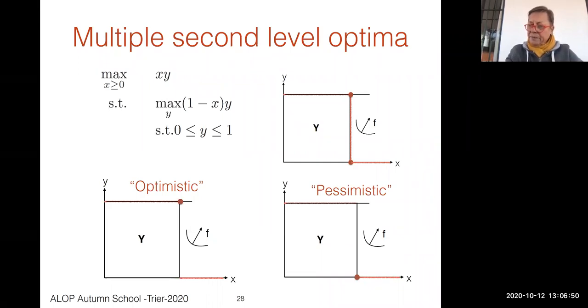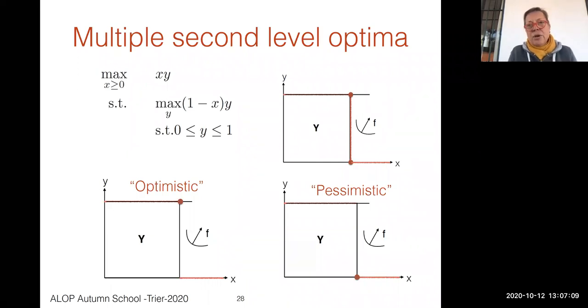Okay, so these are different things that I discussed in the first lecture. I have a couple of things I still want to say in general regarding bilevel optimization problems.